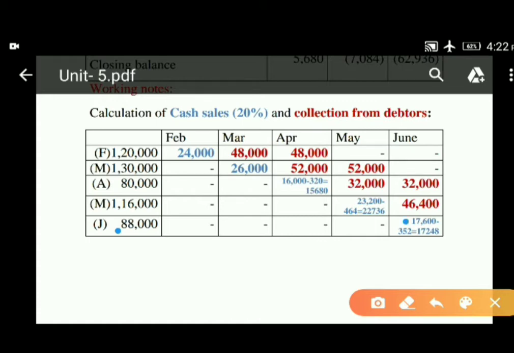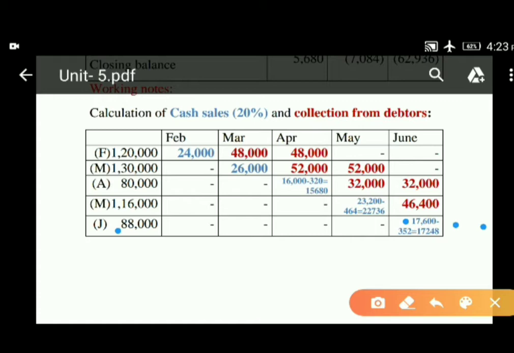Okay, 17,600 amount will be collected as cash sales, and the remaining amount after cash sales will be called as credit sales. That is 70,400 are the credit sales. So 70,400 credit sales will be collected subsequently in the next 2 months, that is July and August, 35,200, 35,200.